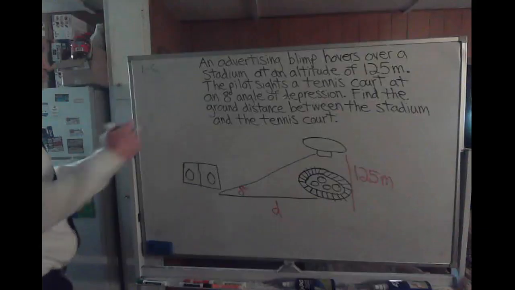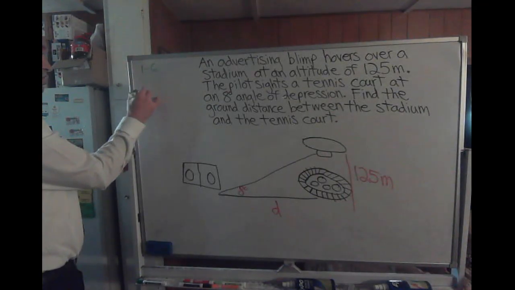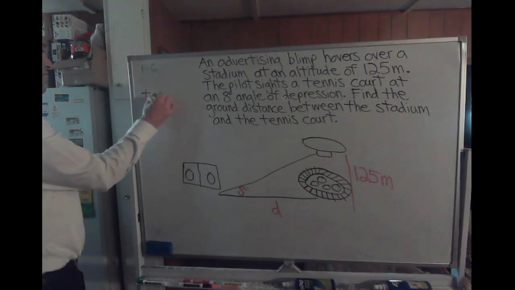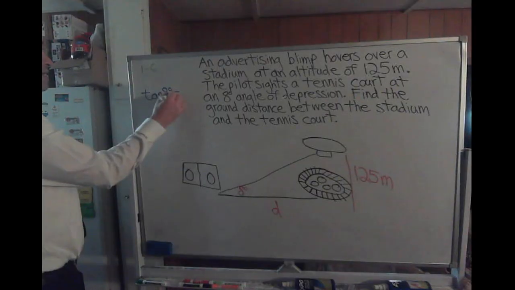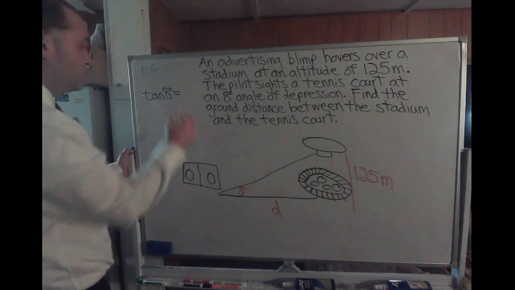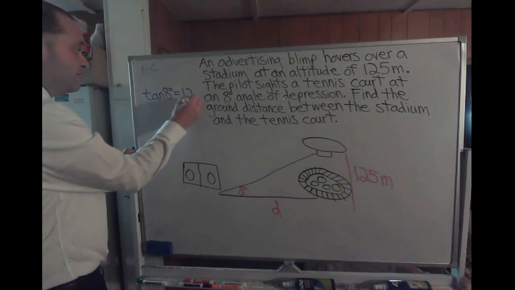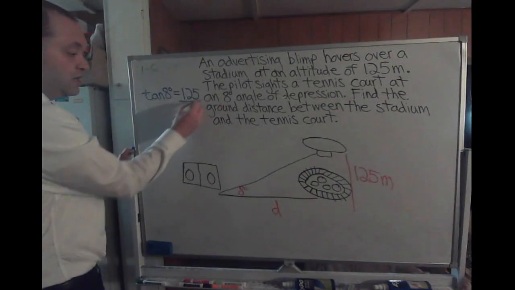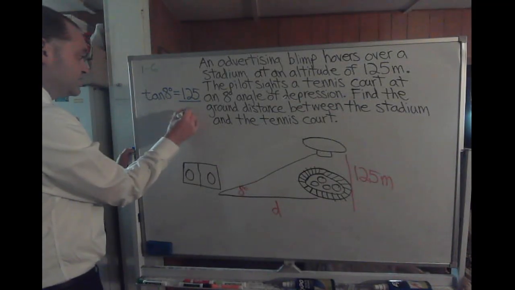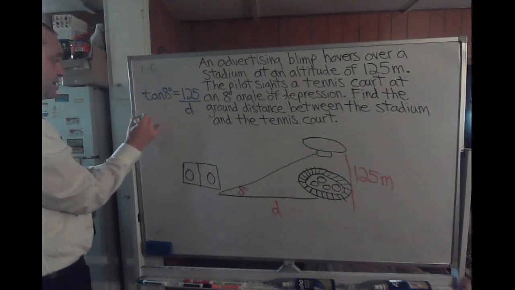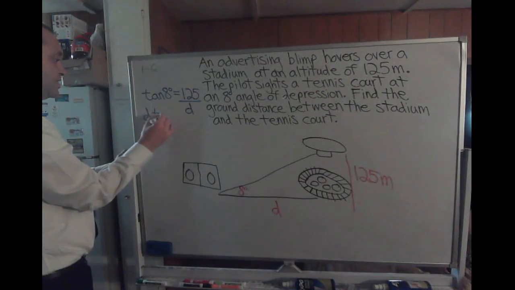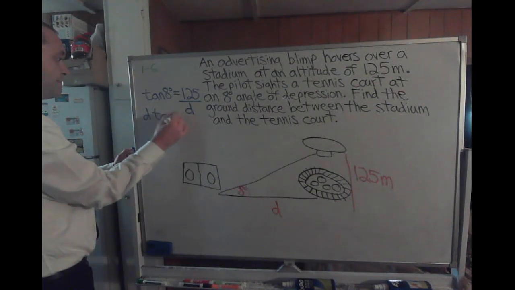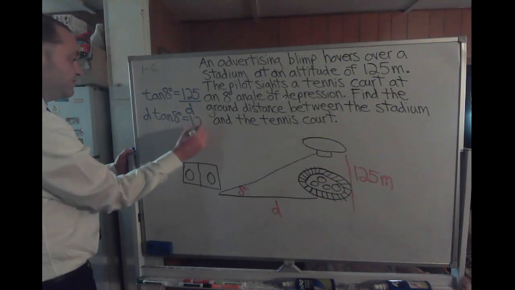So set up your tangent ratio for the tangent of 8 degrees. That's going to be equal to the opposite side of 125 over the adjacent side, which is d for your distance. So then d times the tangent of 8 degrees would equal 125.